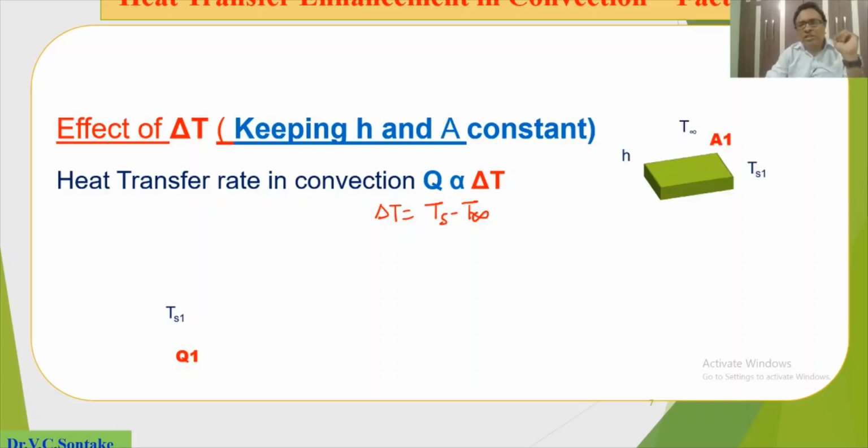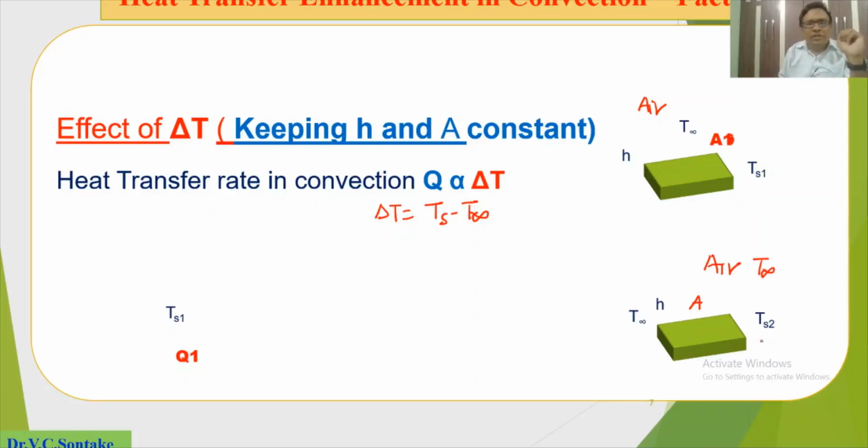So let us consider once again a plate of area A and surface temperature Ts1 exposed to air at temperature T infinity. Now the same plate with the same surface area is exposed to air once again at temperature T infinity, but this time its surface temperature is Ts2 such that Ts2 is greater than Ts1.